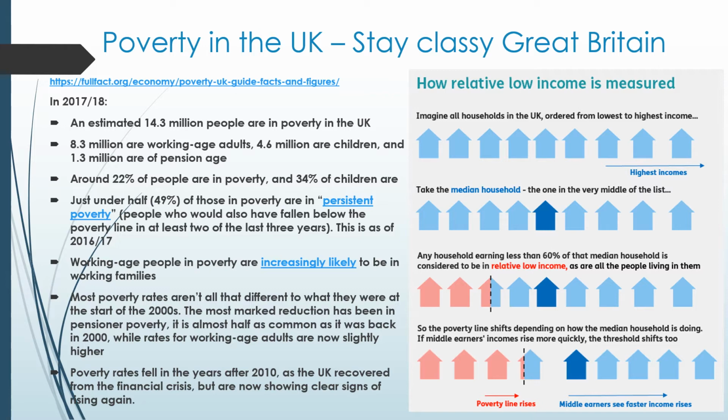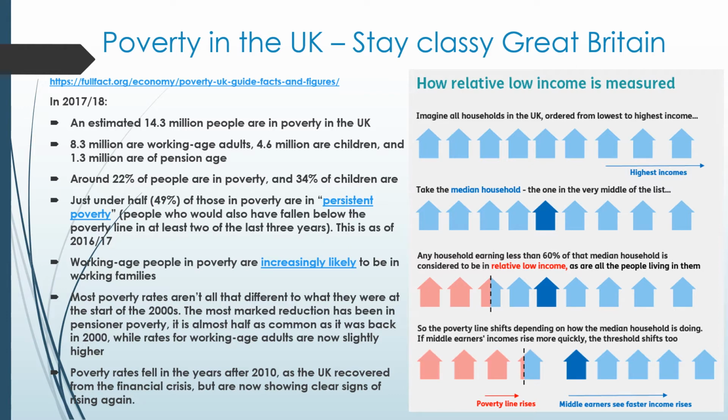Now, this is one of these social issues. This is an issue in society. Poverty is a problem. And part of it is caused by policy. Policy could be brought in to make the changes. Now, poverty rates fell in the years after 2010 as the UK recovered from the financial crisis. They're starting to improve.